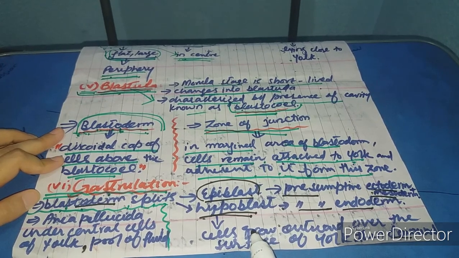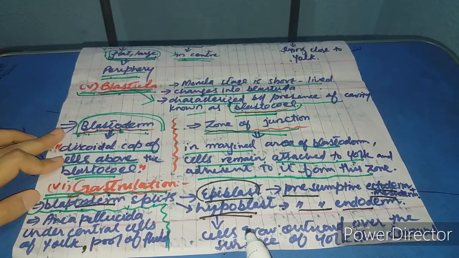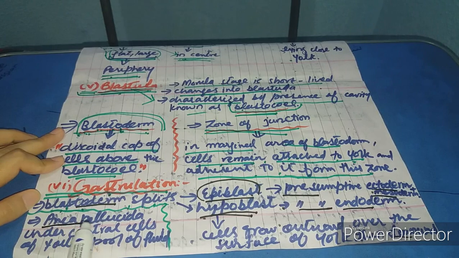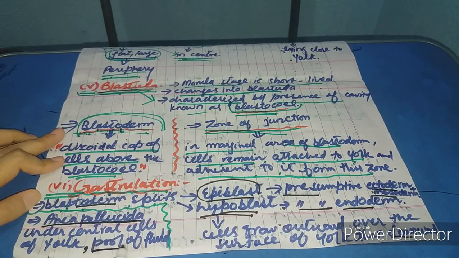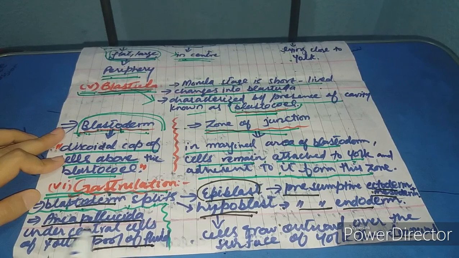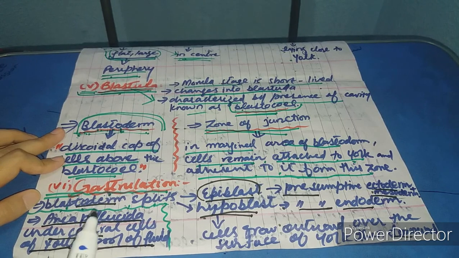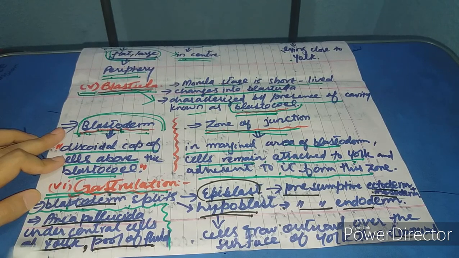Now let me tell you, two types of areas form during gastrulation. The first type of area is area pellucida. It is the pool of fluid under the central cells of the yolk, and it is translucent, while the other area is area opaca, which occurs in the periphery, and it can transmit light.